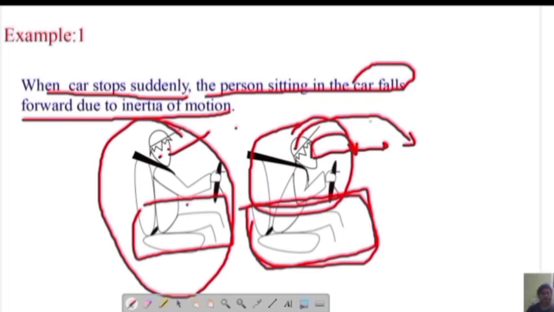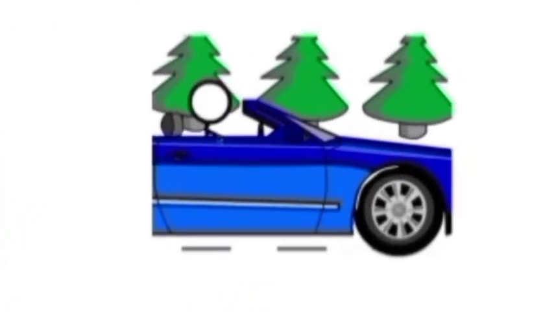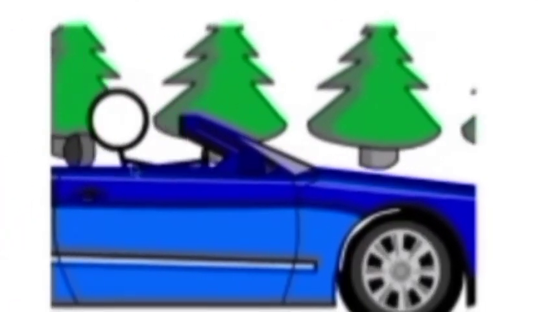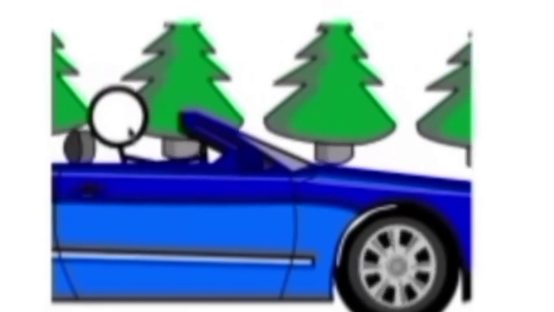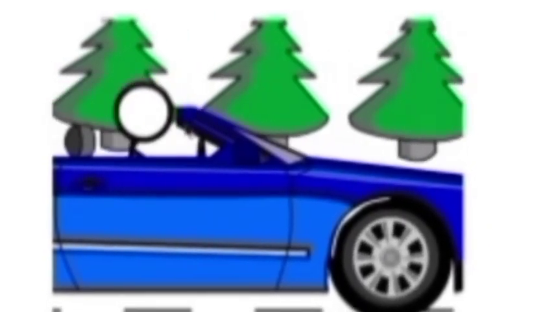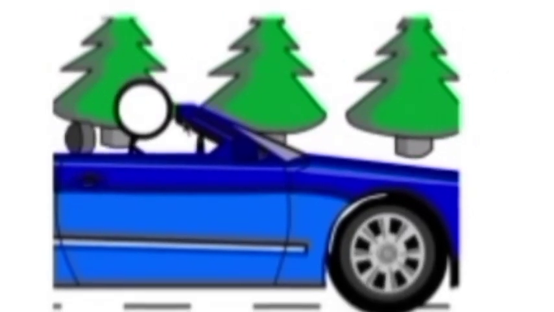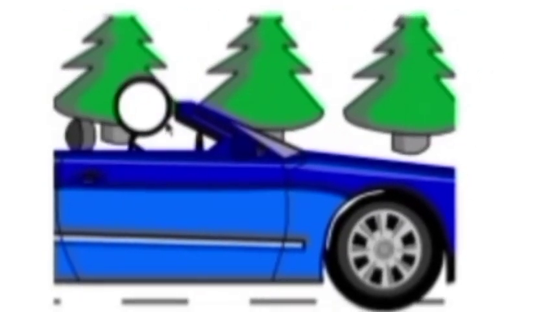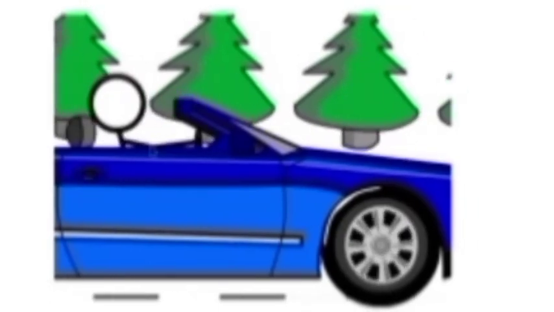I'll show you an animation so that it becomes clearer. You can see here the person is riding. When he is riding the car, suddenly he applies the brake, and the person will fall forward or lean forward. I hope you have understood.